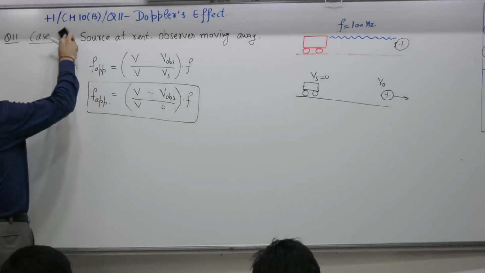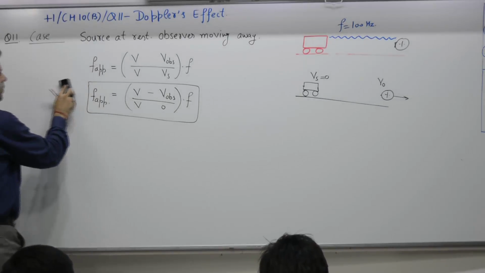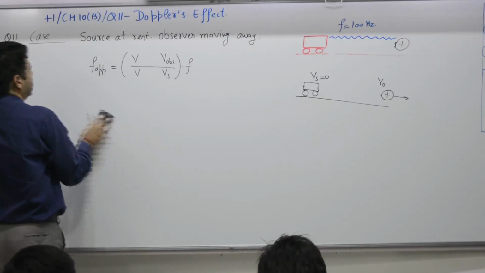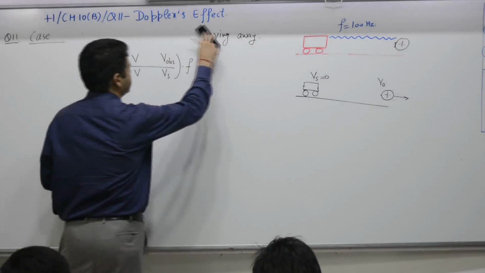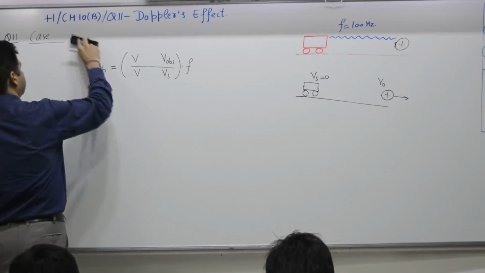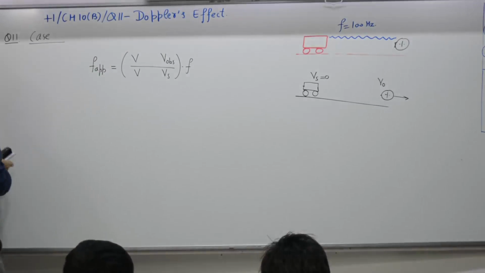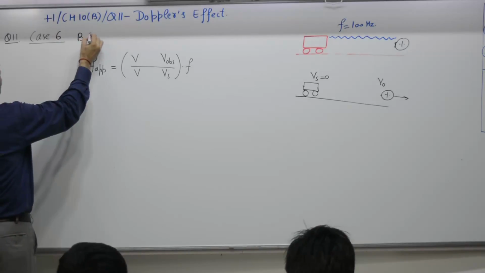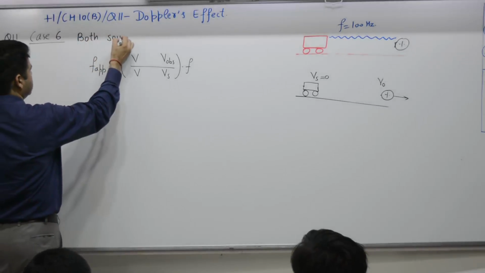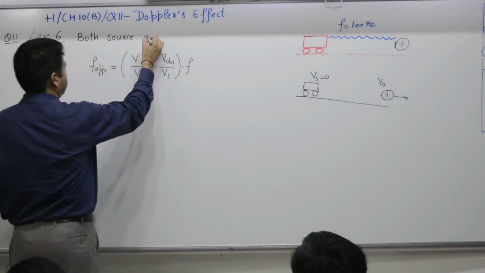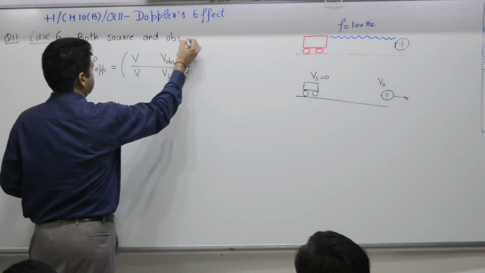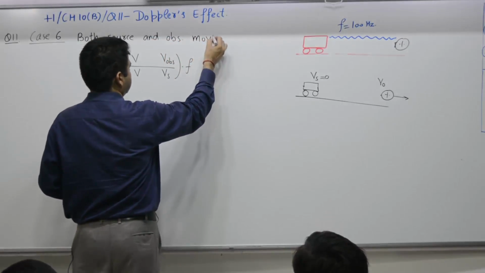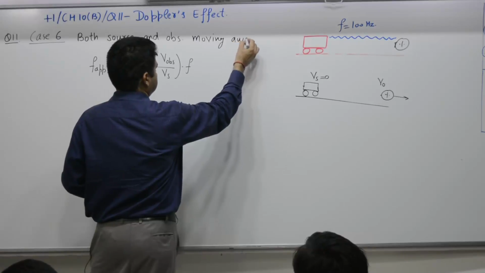Case number 6. Case number 6 deals with what? Case number 6 deals with both source and observer moving away from each other.